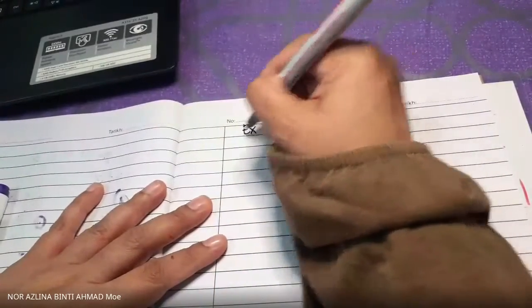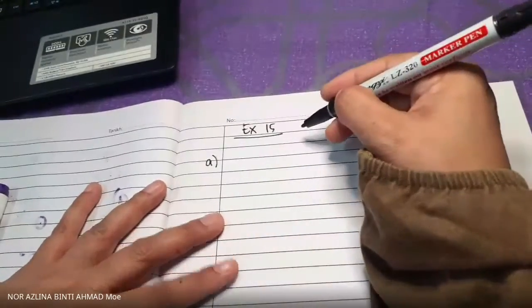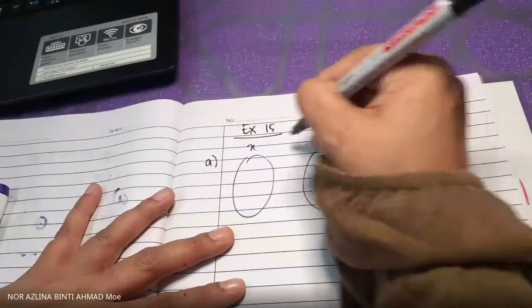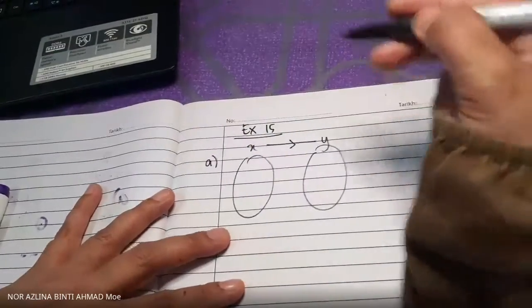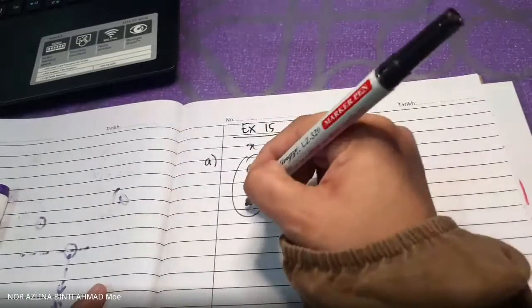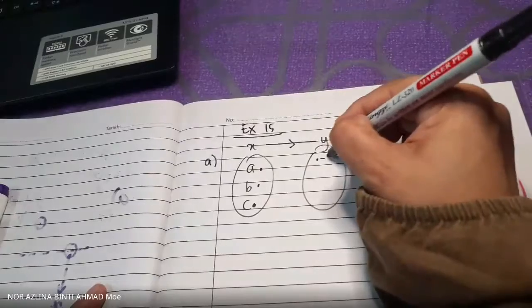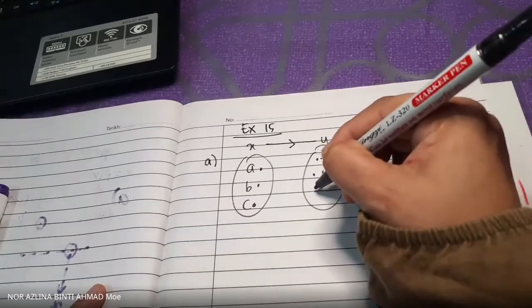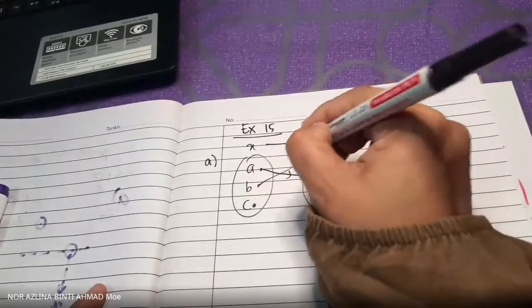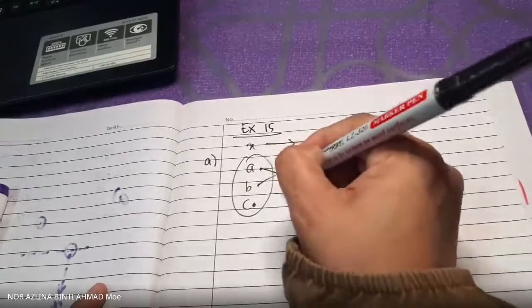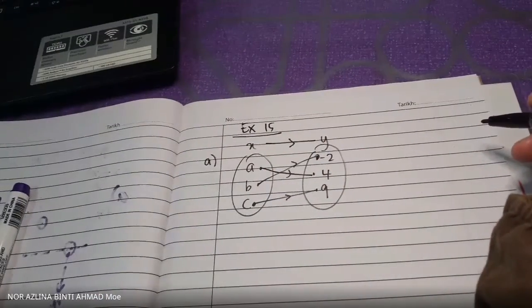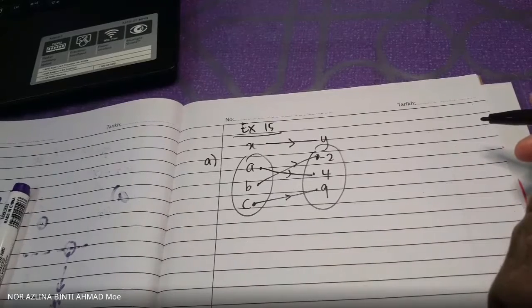So, dia ada, this is x and y, x, a, b, c. Determine whether each of the following function has inverse or not.